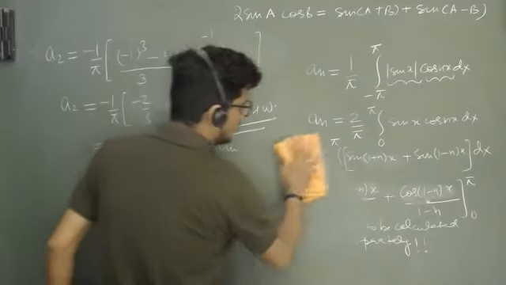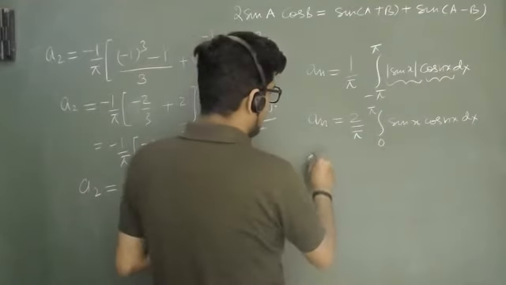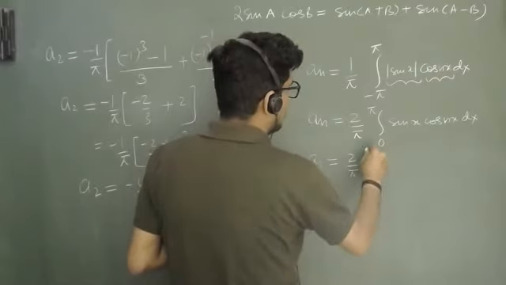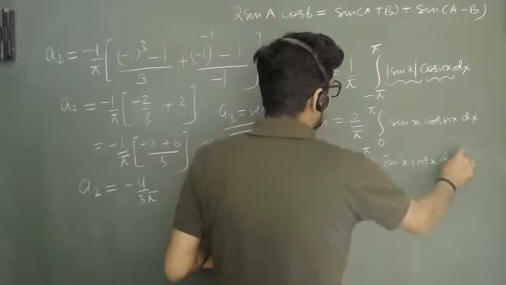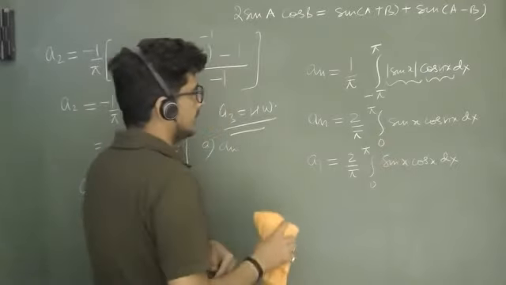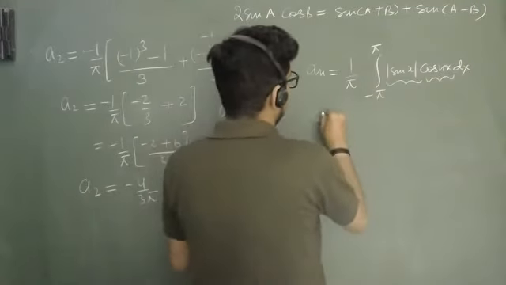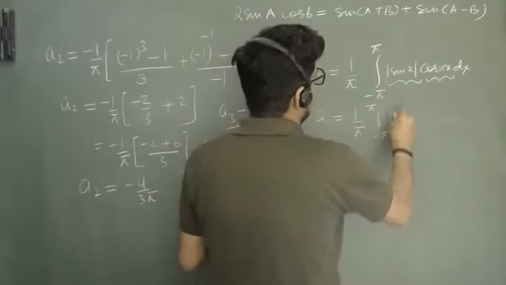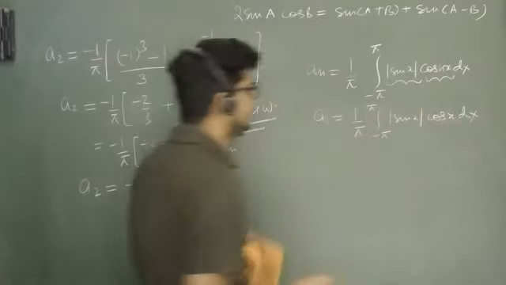So, sir, let me try. See, Dhruvi, I will write a1 is equal to 2 by pi integration 0 to pi sin x cos x dx, right? And I should write it here actually. a1 will be 1 by pi integral minus pi to pi mod of sin x cos x, right?